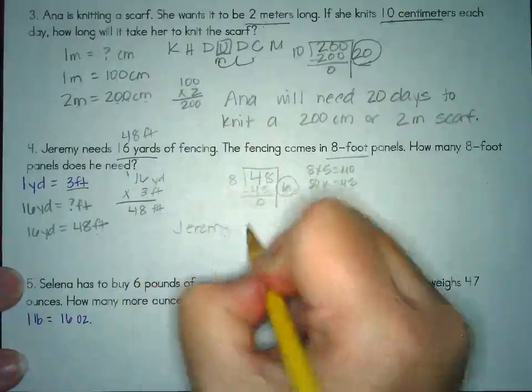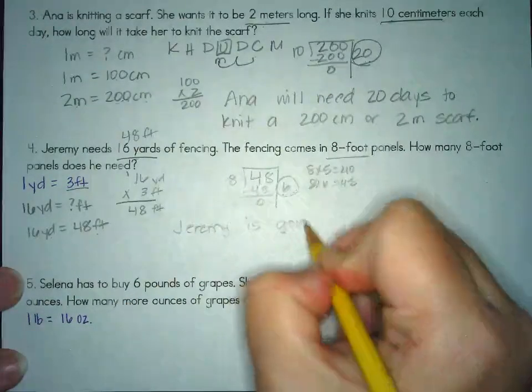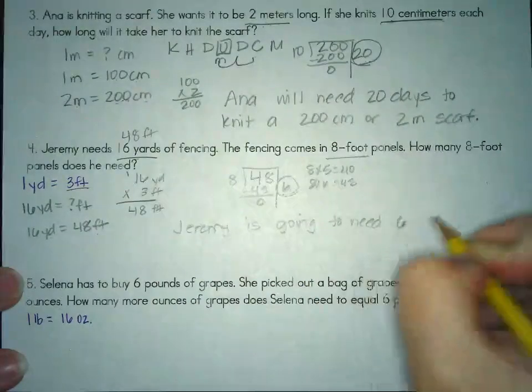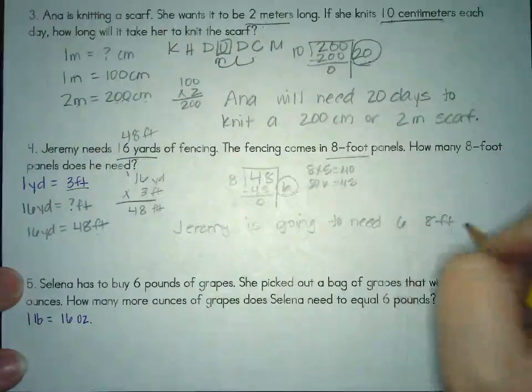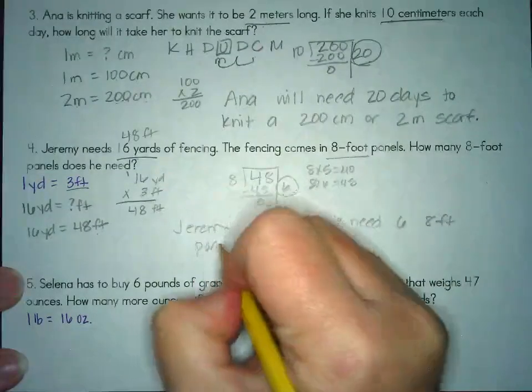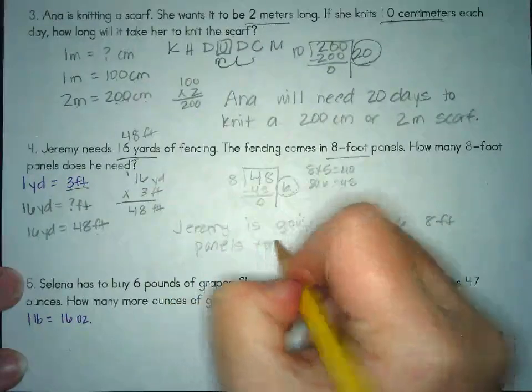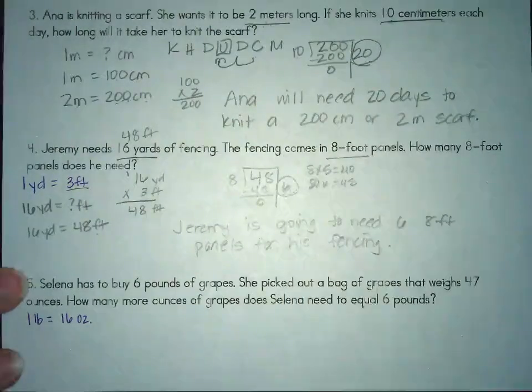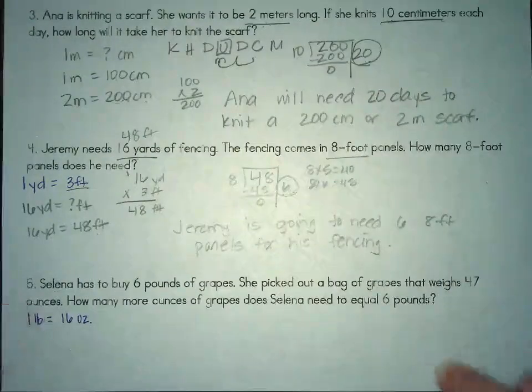Jeremy is going to need 6 8-foot panels for his fencing. You see how I write my answer in a sentence? You should be doing that too, okay, when you're working on your own.